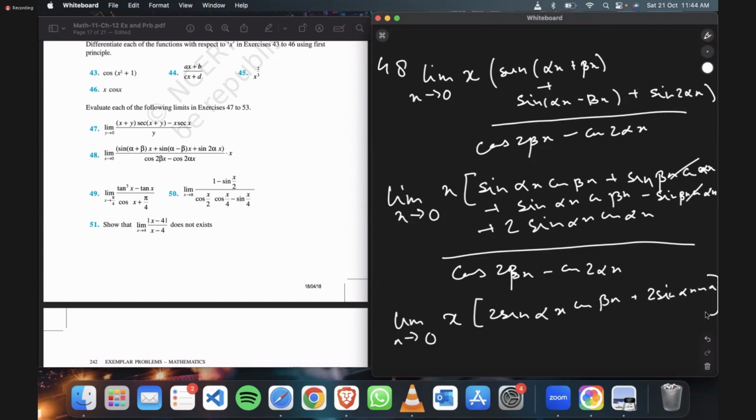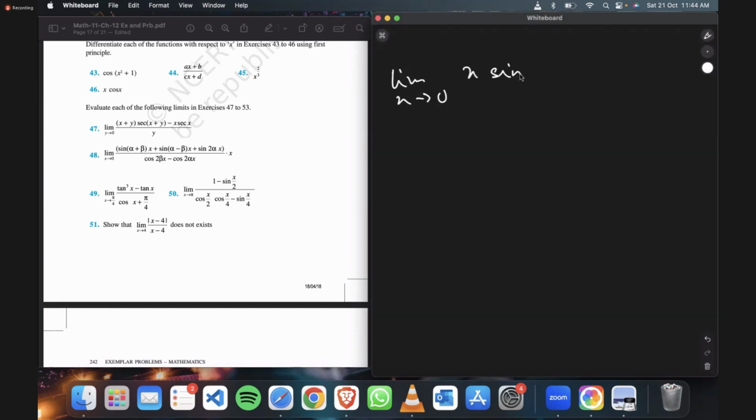And in the denominator, cos 2 beta x can be written as 2 cos square beta x minus 1, and cos 2 alpha x can be written as minus 2 cos square alpha x, and here there will be a plus 1. So this also got cancelled out.